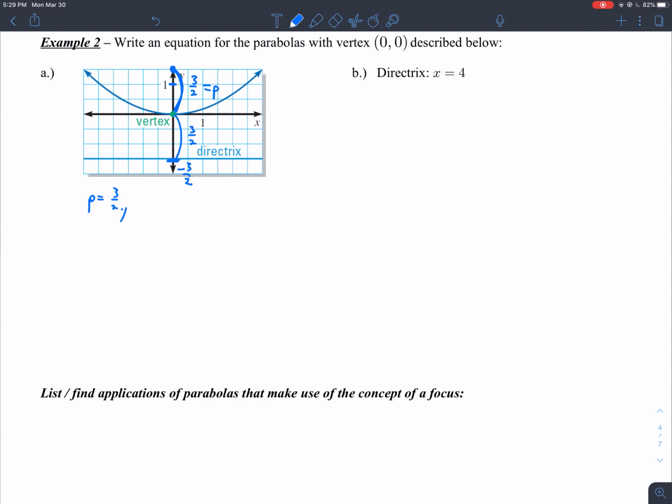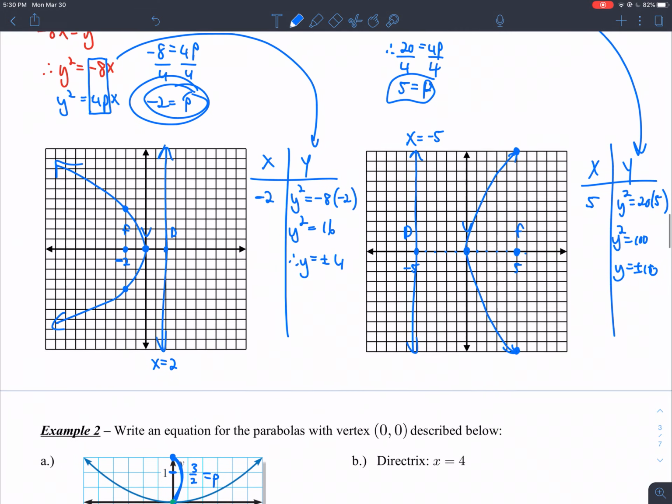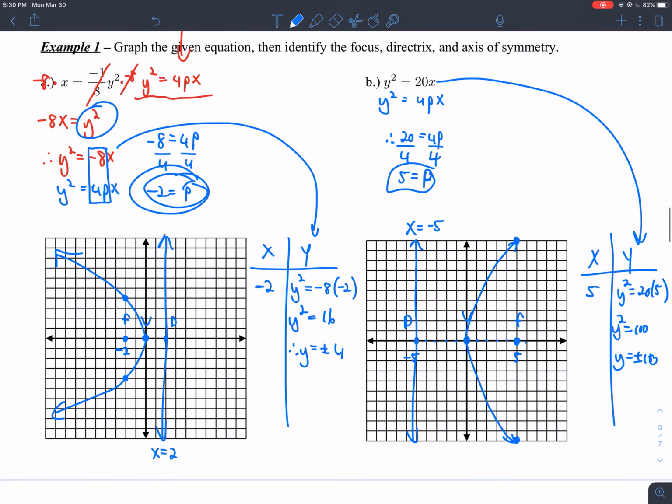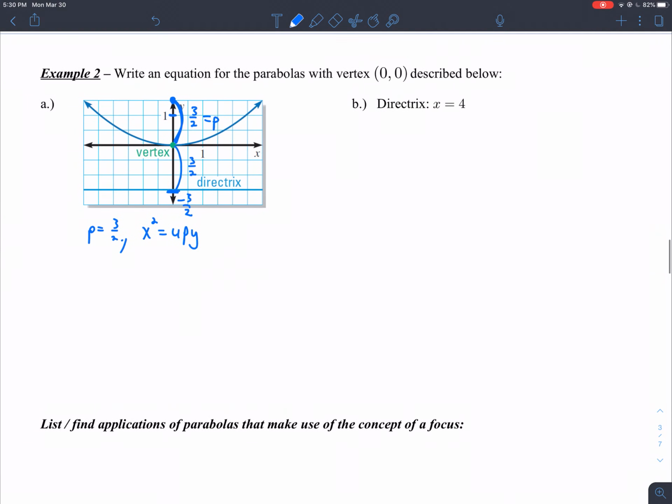And then because the parabola opens up, I also know that the equation is an x squared equals 4py equation. So again, looking up here, it opens left or right if y is squared, opens left or right depending on the sign. In this case it opens up or down, so it's an x squared.